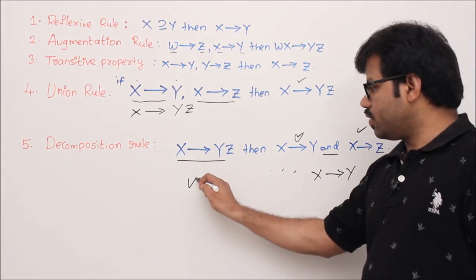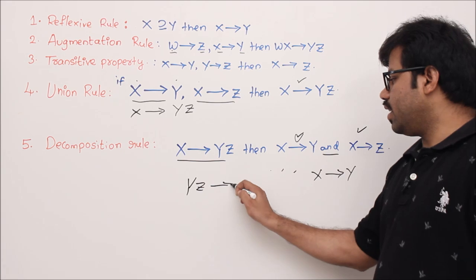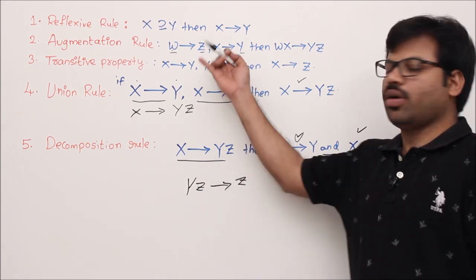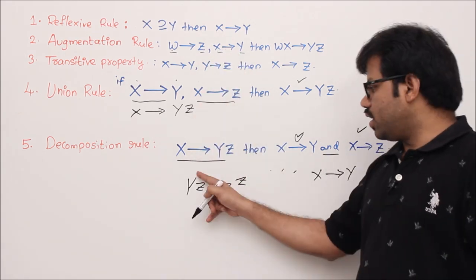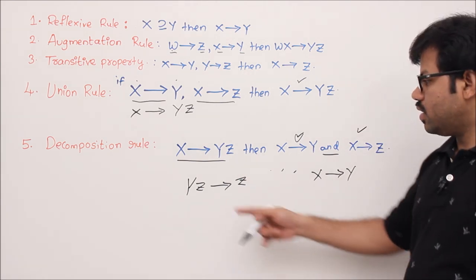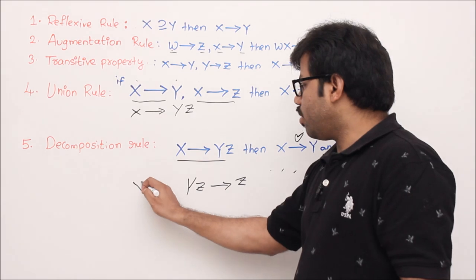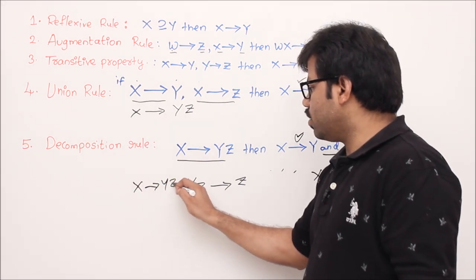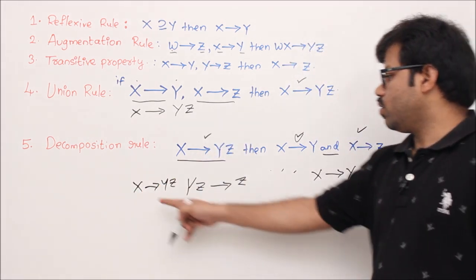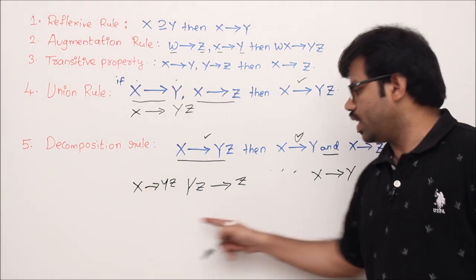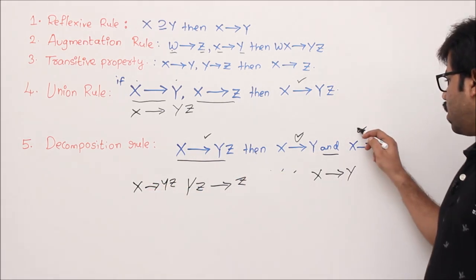For that, first of all, I prove that YZ determines Z because of the reflexive property. That is obvious. So YZ is a superset of or equal to Z, hence YZ determines Z. X already determines YZ in our problem, right? So that is already given. Then X to YZ, YZ to Z, then X to Z, by the transitive property. So this is also proved.